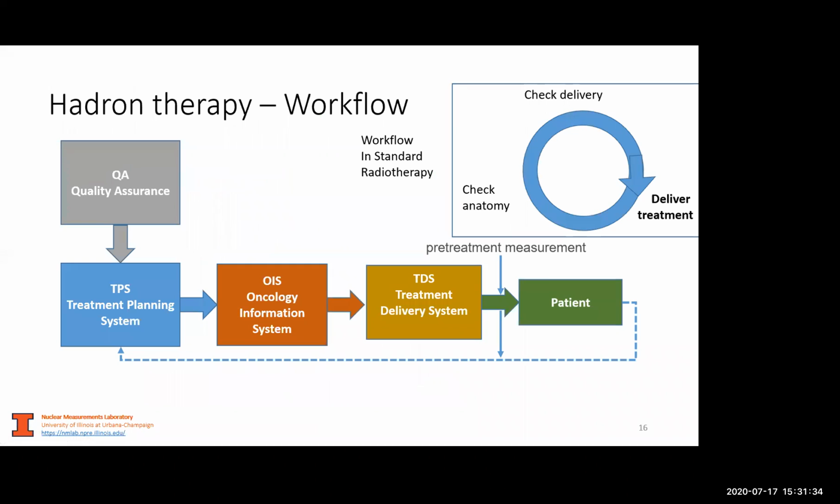In this first slide, I wanted to introduce you to the general principle of radiation therapy. And now I want to give a quick overview of how a treatment is actually delivered. When clinicians, and by clinicians, I mean medical physicists and radiation oncologists, plan a treatment, they first of all design it using treatment planning systems.